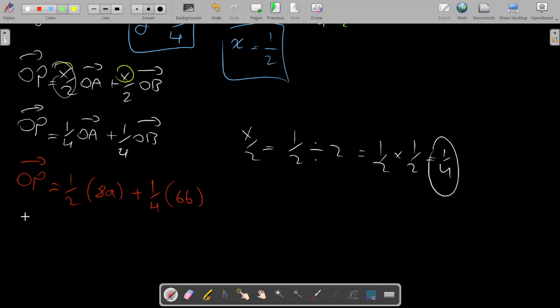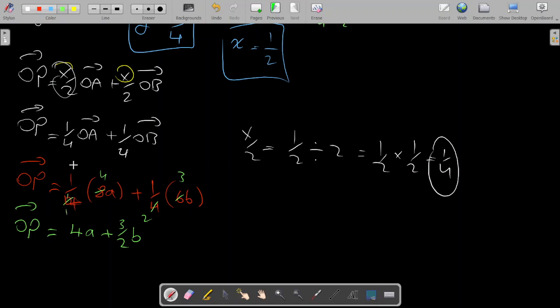So the OP vector is equal to half, and this is 2. It goes with the 8, it's going to be 4. So this is going to be 4a plus, this is 4, this is 2, with the 3 is going to be 3, so plus 3 over 2b. And to correct this, actually this is a quarter, sorry, not a half.